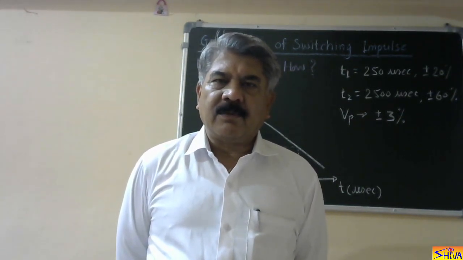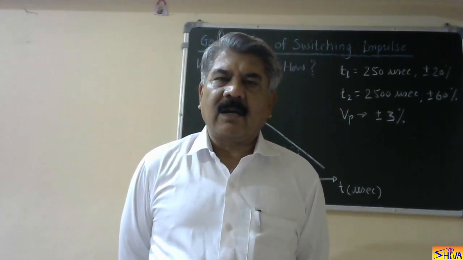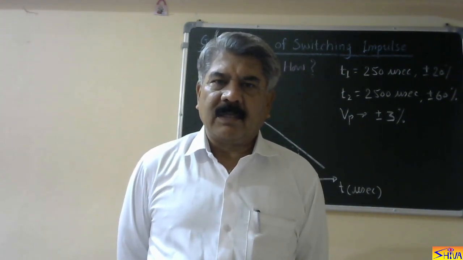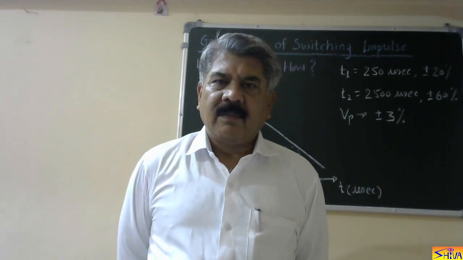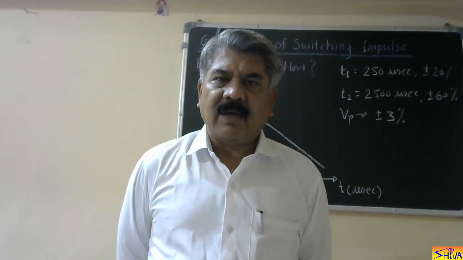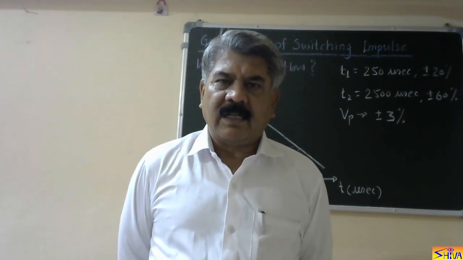Now when it comes to switching over voltages, they are of basically three types. Number one, at power frequency. Number two, they are of impulsive nature. And number three, they are of high frequency, having high frequency and damped oscillatory nature.